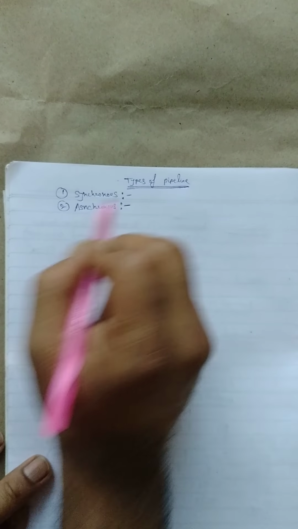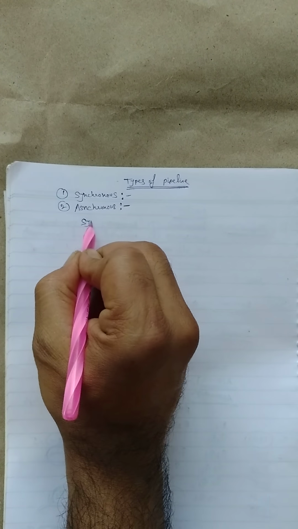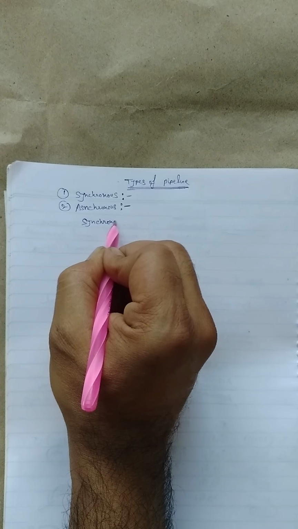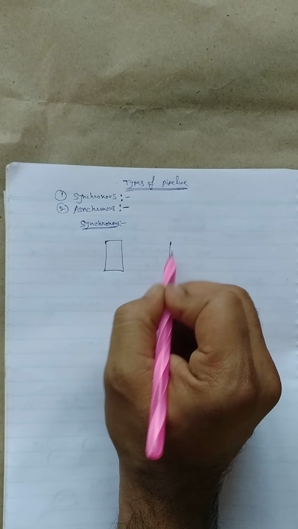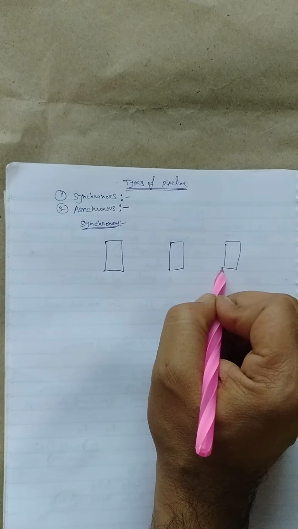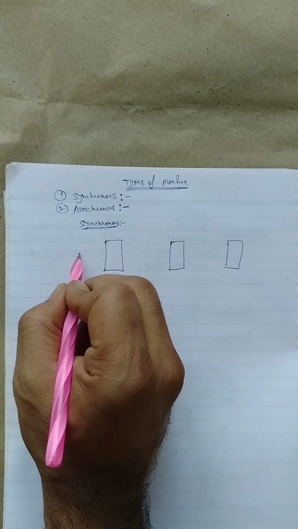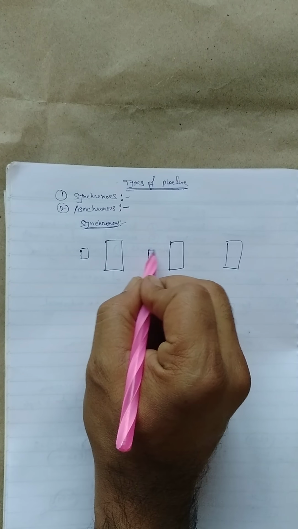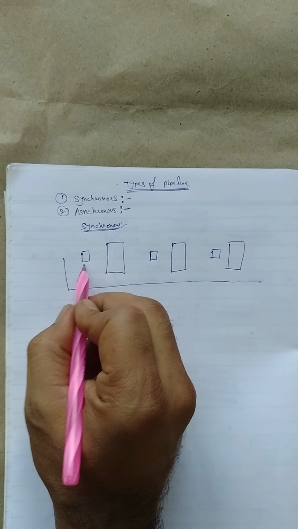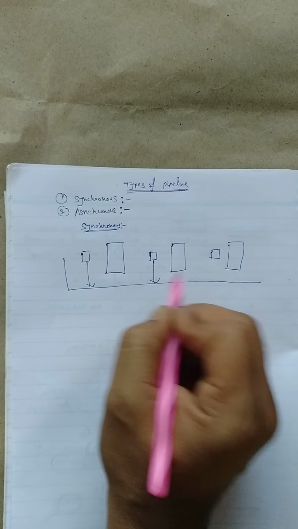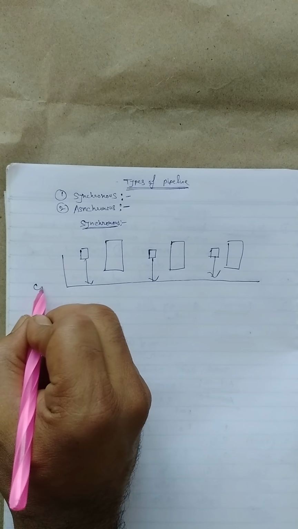In case of synchronous, clock latches are used to interface between the stages. Suppose this is your synchronous pipeline. Here is your stage 1, stage 2, stage 3, and before each stage there will be some latches, and these latches are connected with a clock signal.